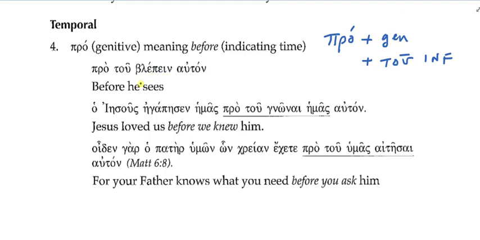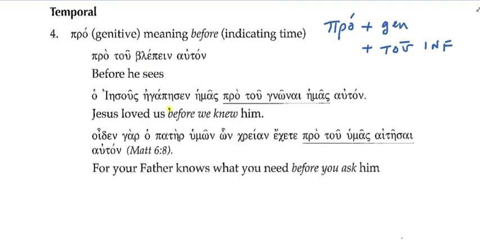So our example from Matthew 6:8. Oiden gar ho pater humon. For your father, nominative case ho pater, your father, oiden, knows, hon chreian echete, the things of which you have need. When? This infinitive phrase tells us when. Pro tou aitesai, before the asking.